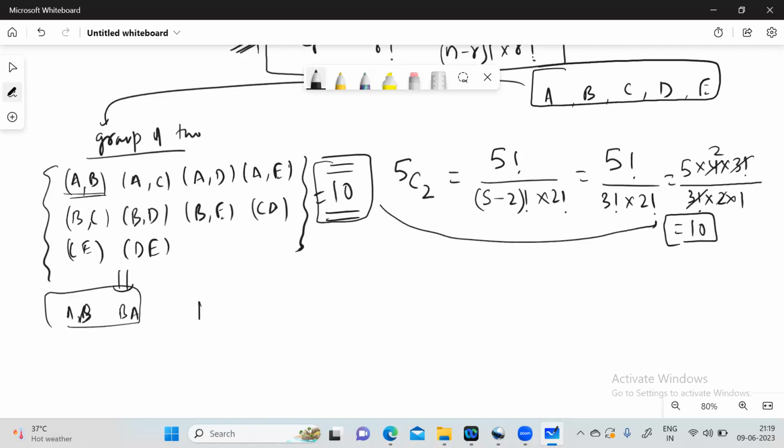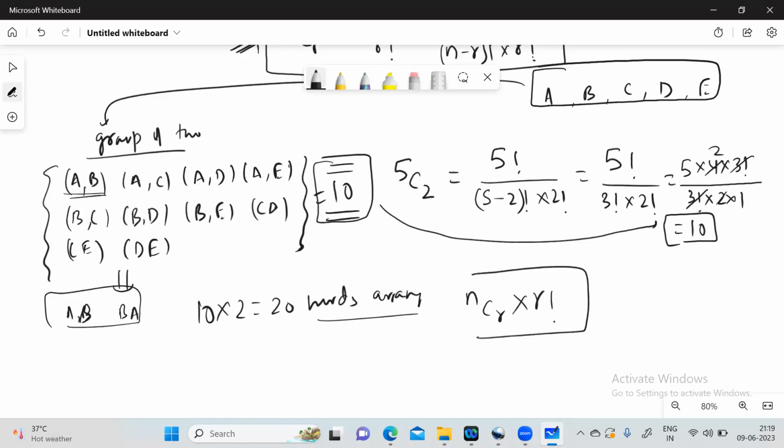So if there are 10 groups, I'll have 10 into 2, which is 20 words or arrangements. This is what I was saying: if you have NCR groups and multiply by R factorial, this will be the total number of arrangements again. Is it clear to everyone?